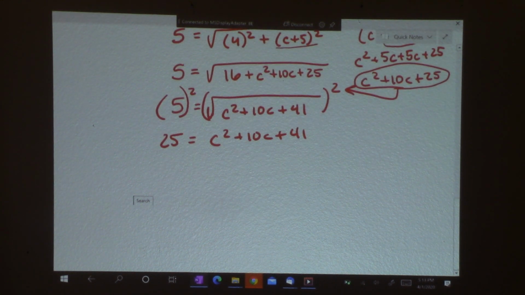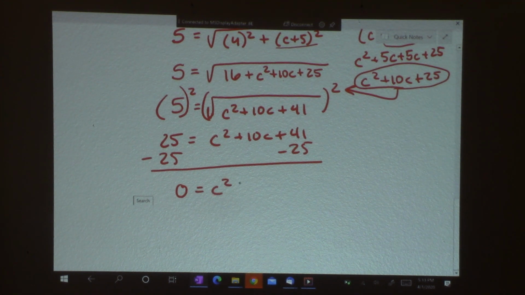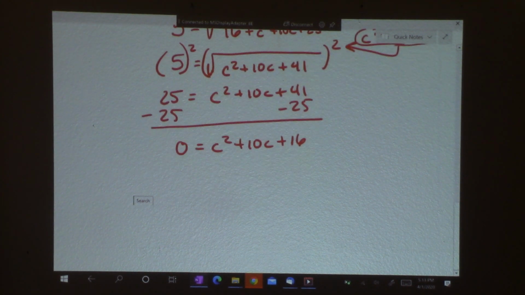And I'm going to solve this. Now this should look familiar. I'm going to subtract 25 and I get 0. This is certainly something we've done before, and this becomes plus 16. So now I want to solve for C. How do I do that? That's a trinomial. We've seen that factoring before.